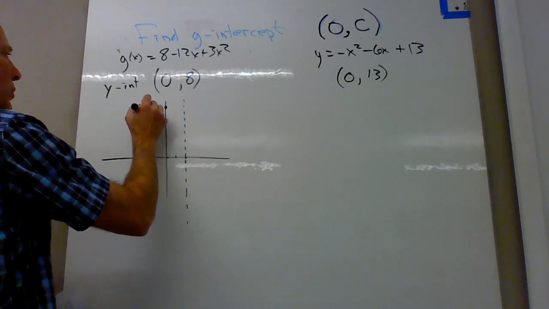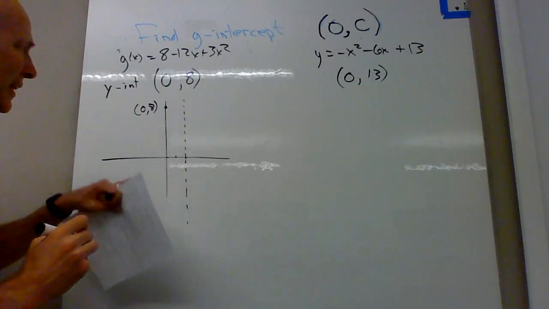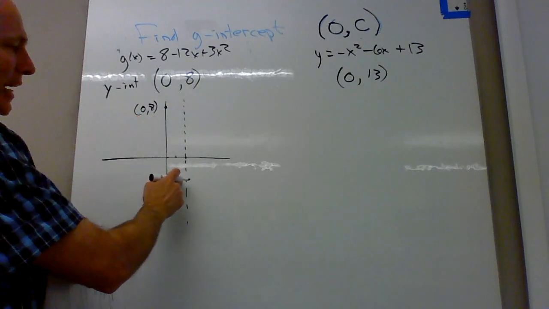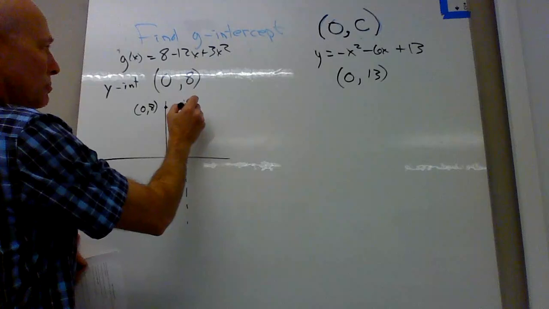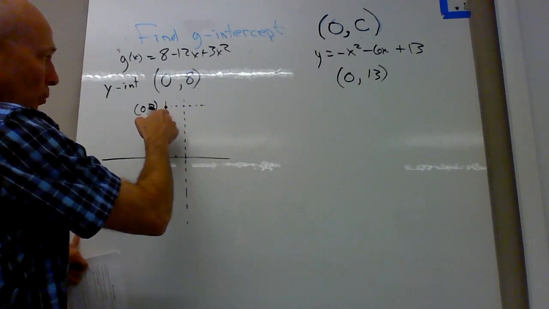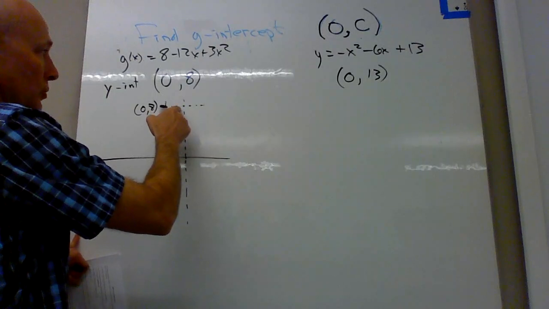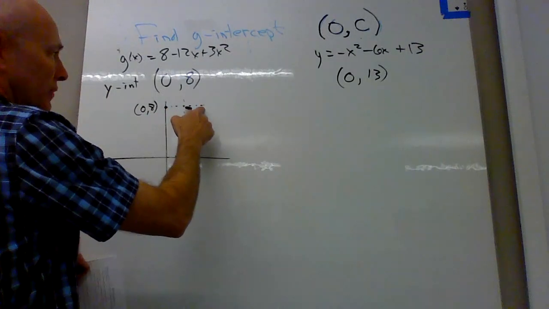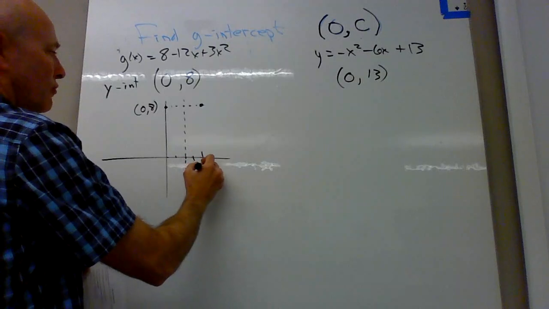Okay, so here's the point 0, 8. That's my y-intercept. If that's my y-intercept and this is the axis of symmetry that's going to act like a mirror, then there should be a mirror image of this point. This point was 2 places away from the axis of symmetry. So if I go 2 places on the other side, I end up out here at 4.